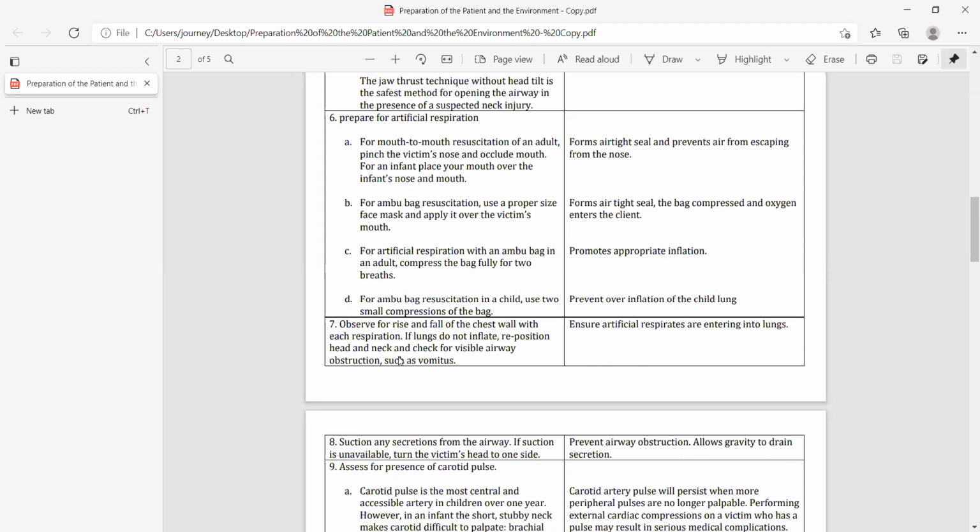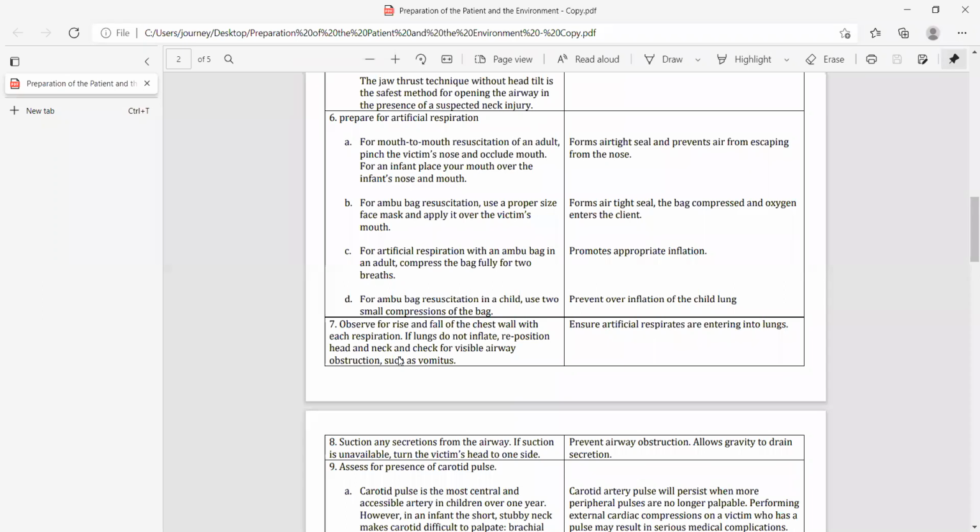Okay. You have to observe again in number 7 point. It is mentioned that you have to observe for rise and fall of the chest wall with each respiration. So when you give mouth to mouth resuscitation and mouth to nose resuscitation, breathing into the patient from outside, you have to see whether the unconscious patient is receiving whatever resuscitation you have given.